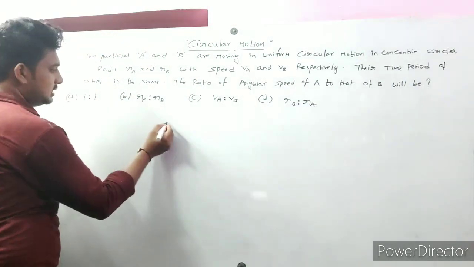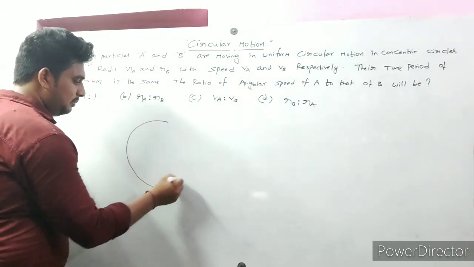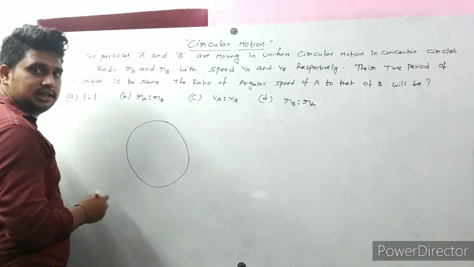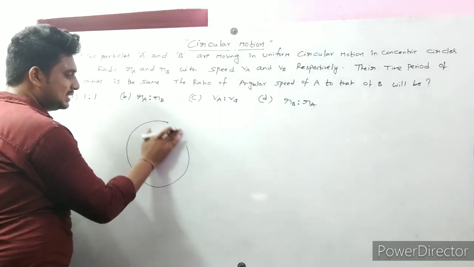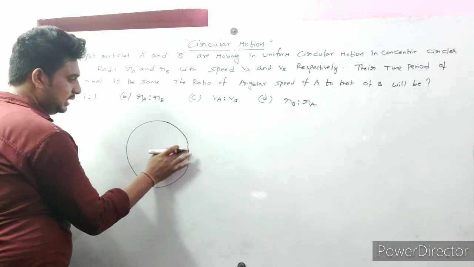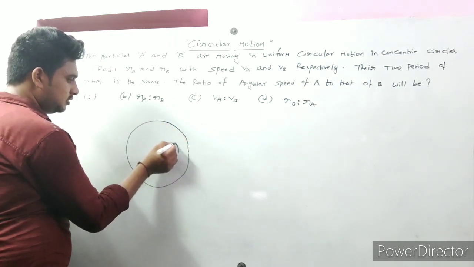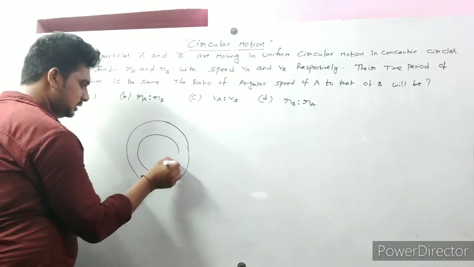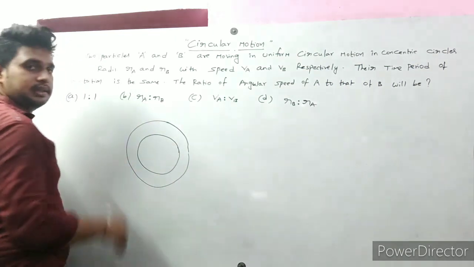Concentric circles mean like this. For example, I'll consider this as one circle. Concentric circles mean one circle lies inside another circle. One circle lying inside another circle is called concentric circles. So this is concentric circles.